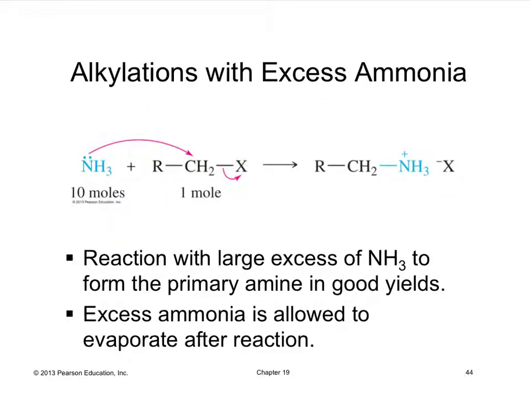You can use an excess of ammonia and react with alkyl halides to form primary ammonium salts, and excess ammonia is allowed to evaporate after the reaction. So here's your product. We're going to end here for part 1 and continue on in another lecture.